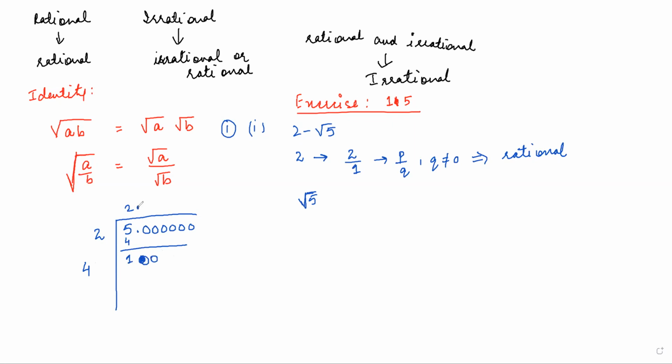So it is 100. I think 45 into 5 will be 2025. Oh, I'm getting quite a large number. So if I do 42 into 2, which is 84, I think this will go. So 10 minus 4 is 6. Then you have 9 minus 8 is 1. 16 remainder. Again, bring 2 zeros.